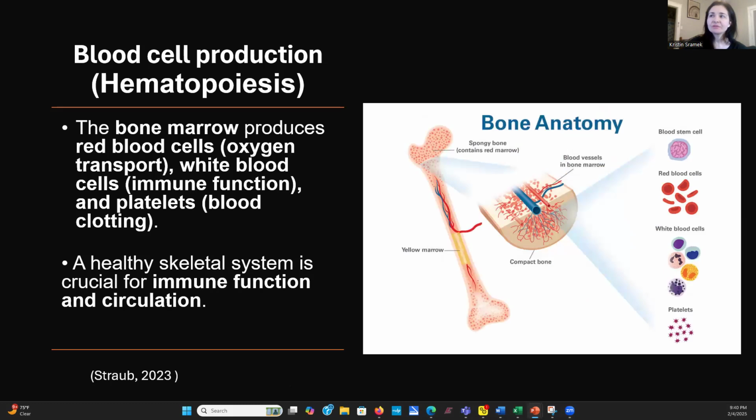It's also important in terms of its relationship to the immune system. Your bone marrow produces red blood cells, and those are particularly important for oxygen transport. Hemoglobin in particular is useful for the transport of oxygen. We also have the production of white blood cells, which is directly related to your immune system function.